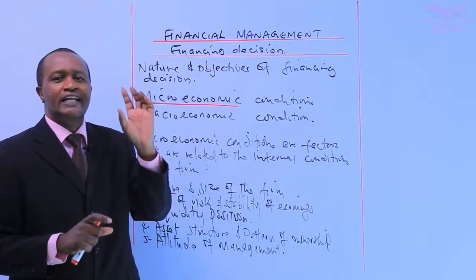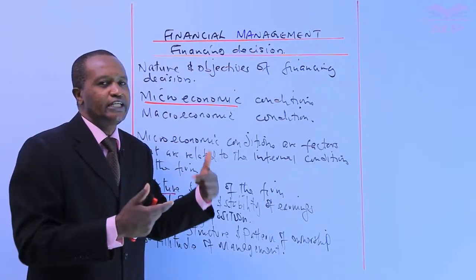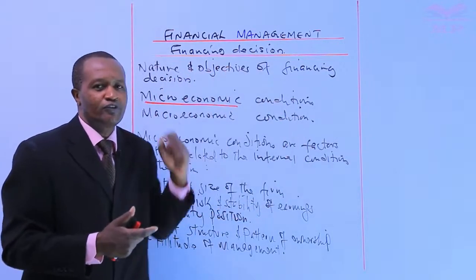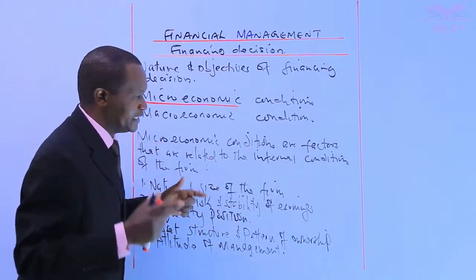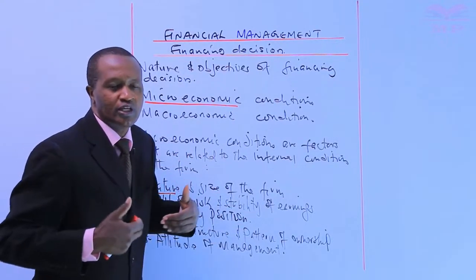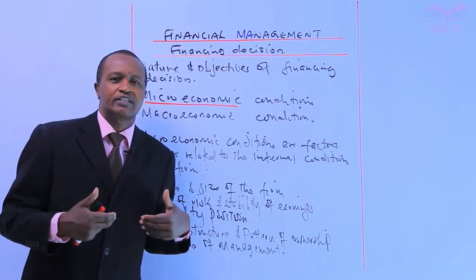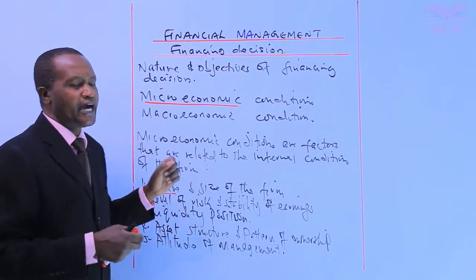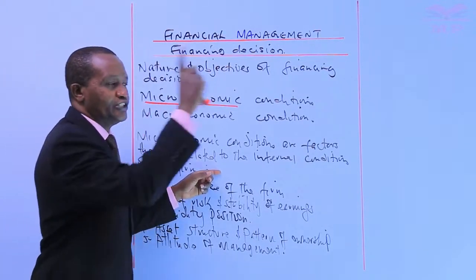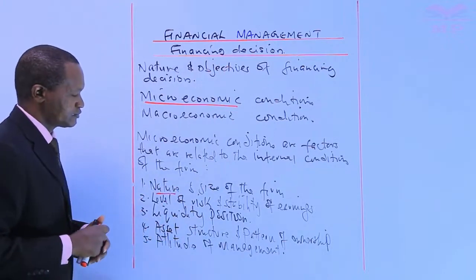And it is because of the lack of sufficient goodwill in the capital market that small firms are largely dependent on internal finances. And that is one of the reasons that their dividend decisions are different from that of large organizations.